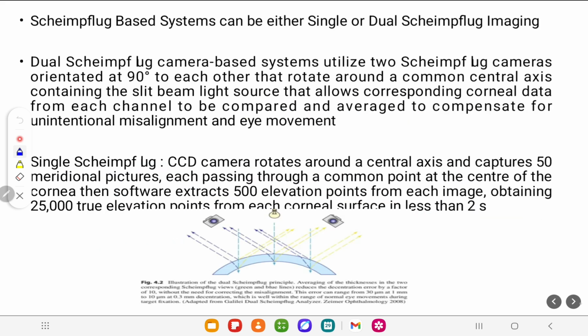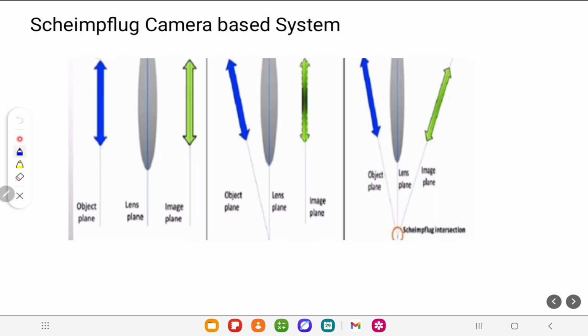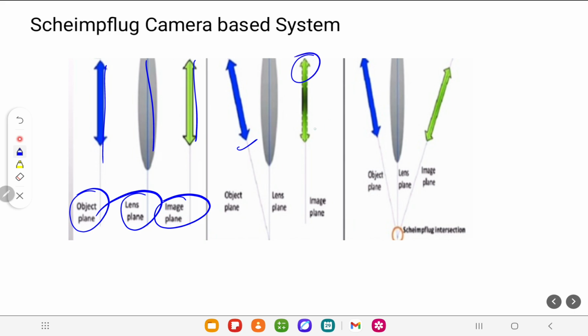So I'll show you pictures. Basically, what is ideal: the object plane, lens plane, and image plane are parallel, isn't it? It will create clear vision. Whenever one thing is not parallel, like the object is slanted, like the cornea is dome shaped, see, its focus here is clear in the green, and it is out of focus in the center, isn't it?